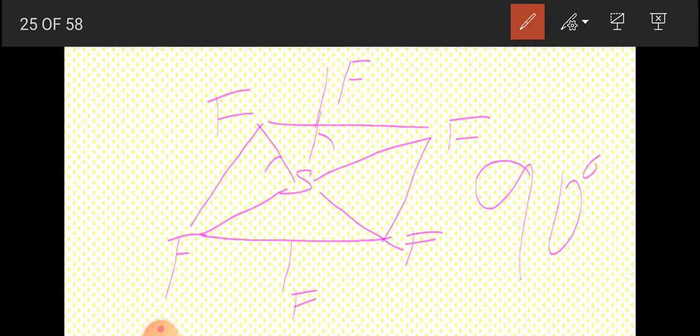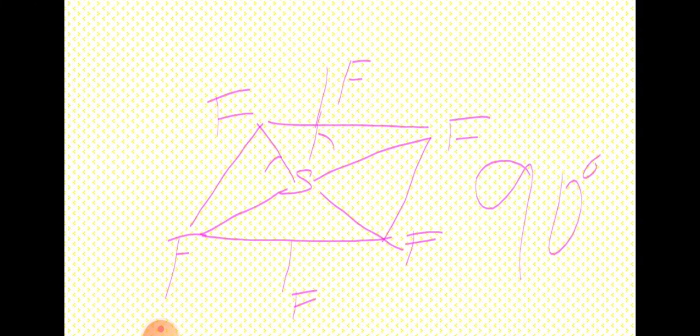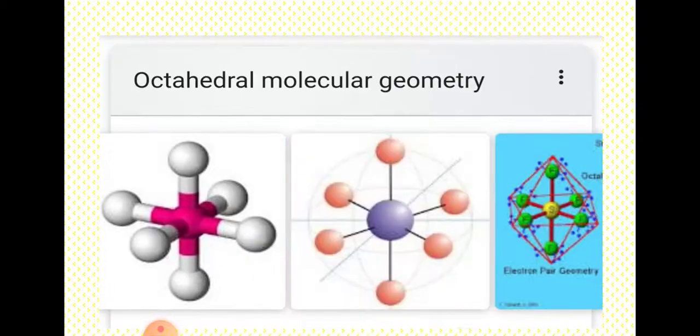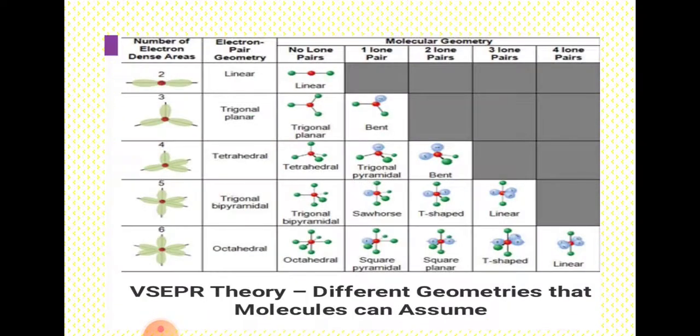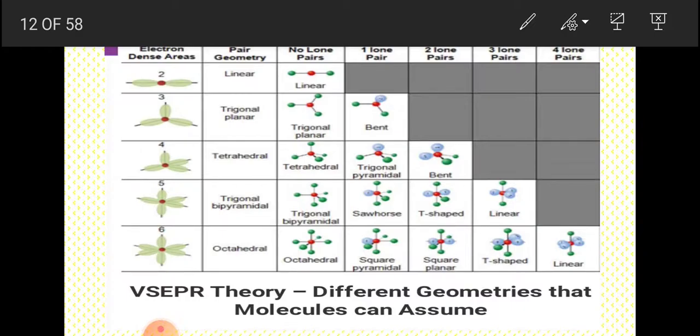Okay, so this was all about the VSEPR examples, how we have to draw the shape of the molecules. I hope you have learned every structure and the bond angles. Let's see this. If an AB2 type of molecule is there, it will be linear, and the angle will be 180 degrees. For an AB3 type of molecule, it will be trigonal planar, and the angle will be 120 degrees.